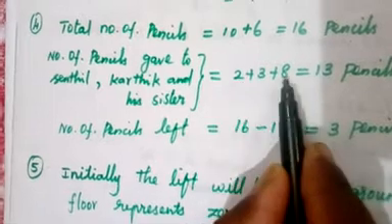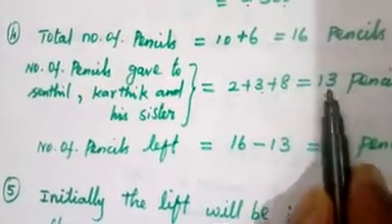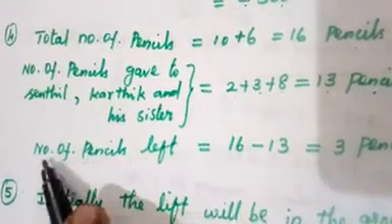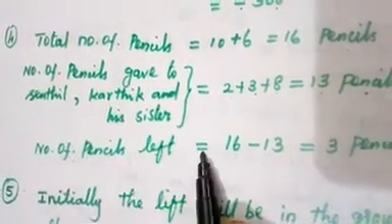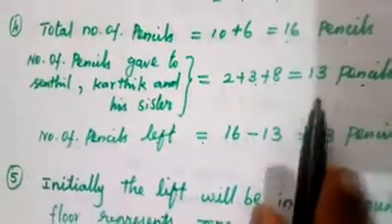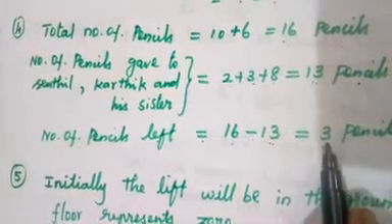Total, add 2 plus 3 is 5, plus 8 is 13 pencils. Now we want to find how many pencils are left. Number of pencils left equals total 16 minus 13, which is 3 pencils.